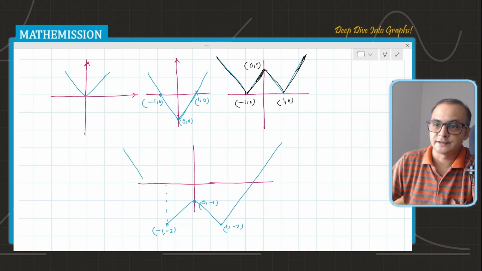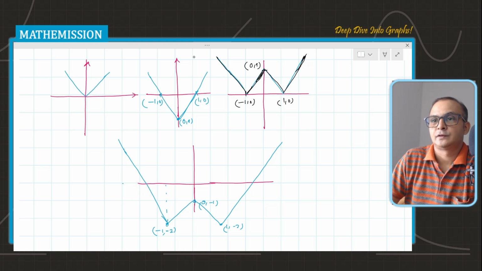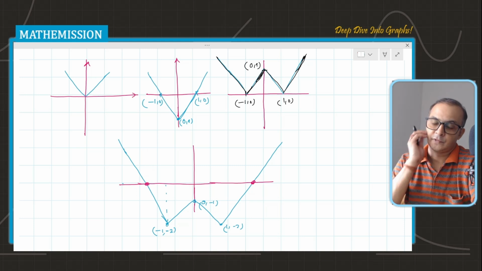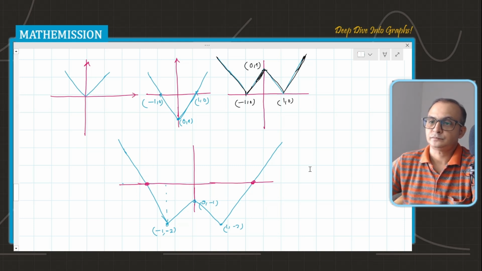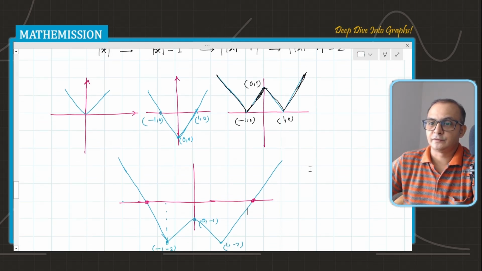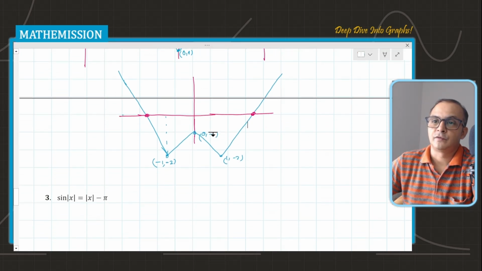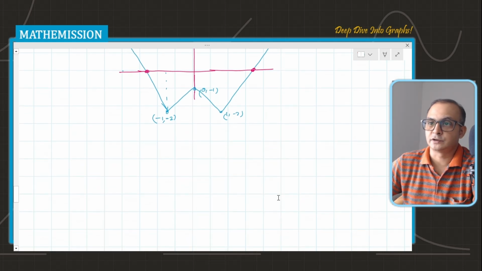Now the point is, how can you identify where it will hit the x-axis again? So how do we identify? The x-axis will be hit by the graph. For that, the y should be 0, correct or not?